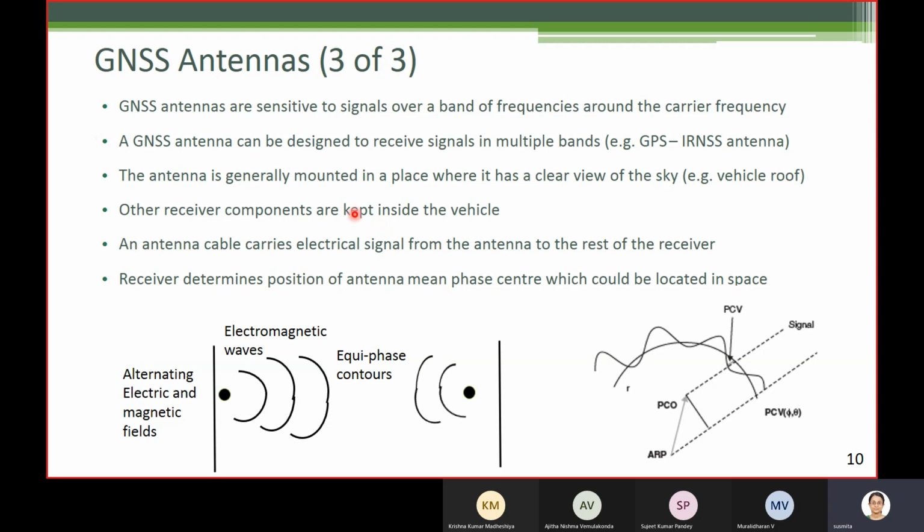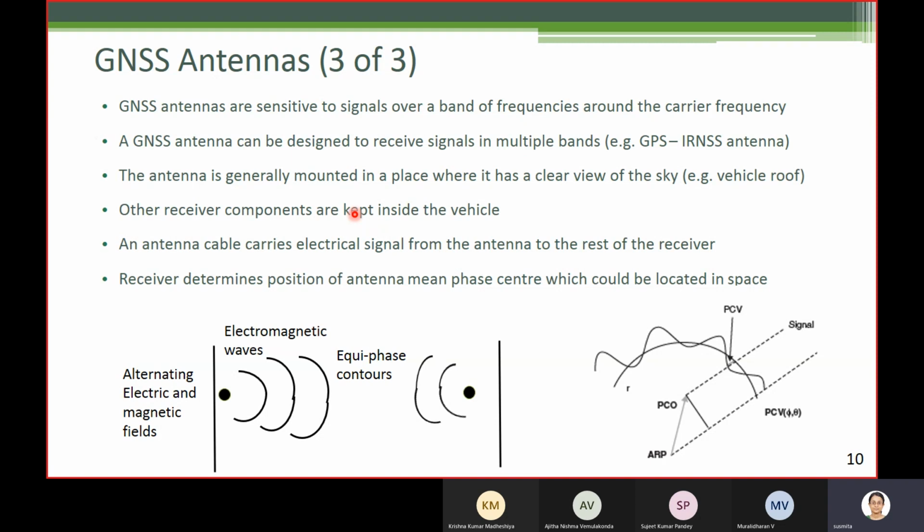They are all sensitive electronic components. So the rest of the receiver is kept inside the vehicle, whereas the antenna is mounted outside the vehicle.